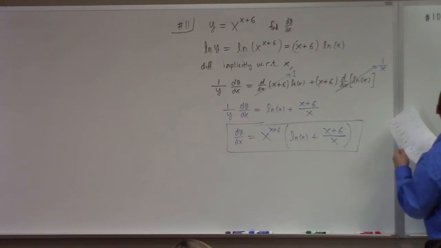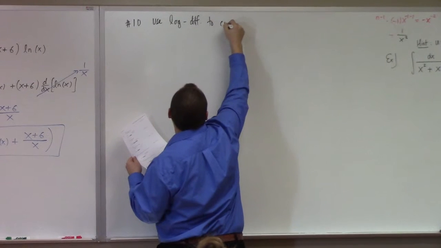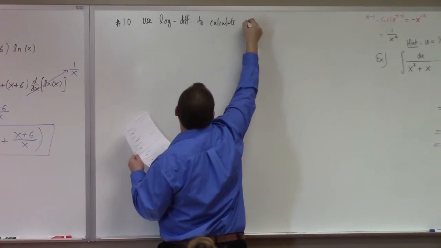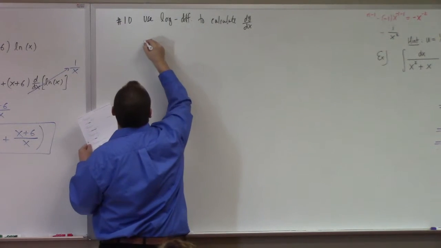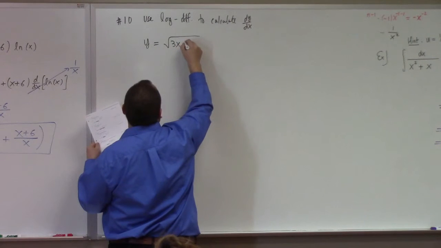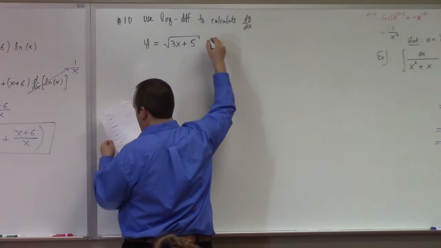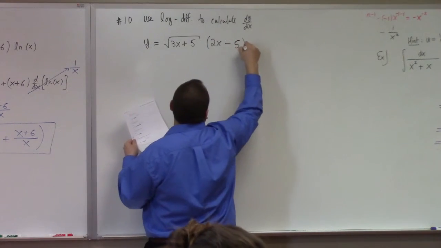Use log differentiation to calculate dy dx. Here we're given that y is equal to the square root of 3x plus 5 times 2x minus 5 to the 4th power.